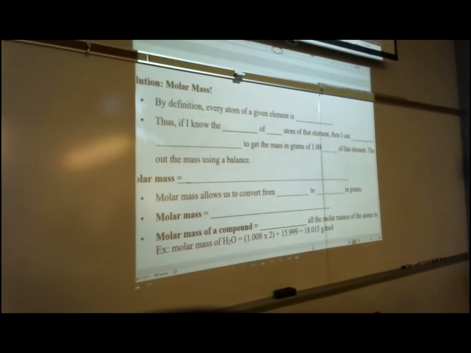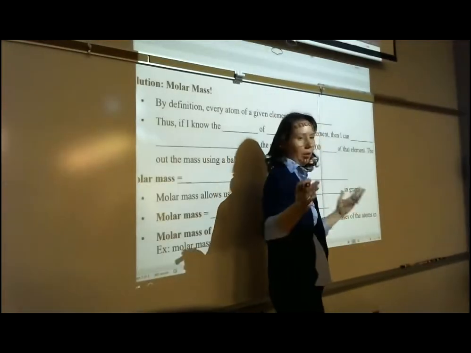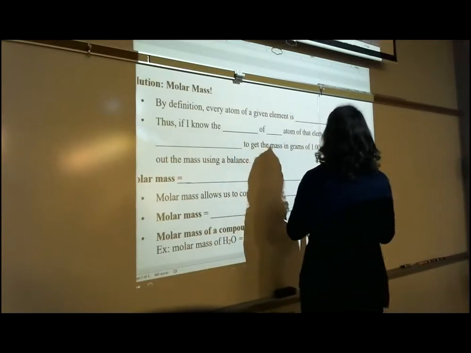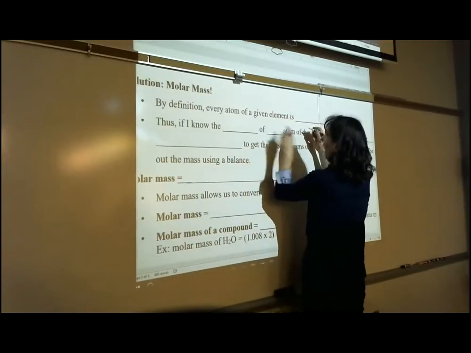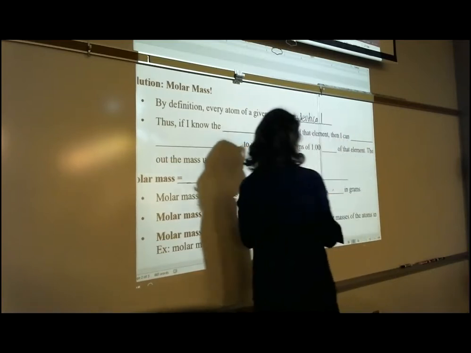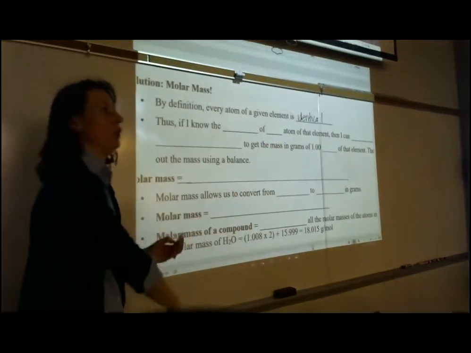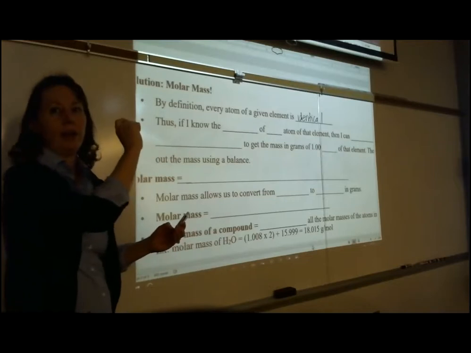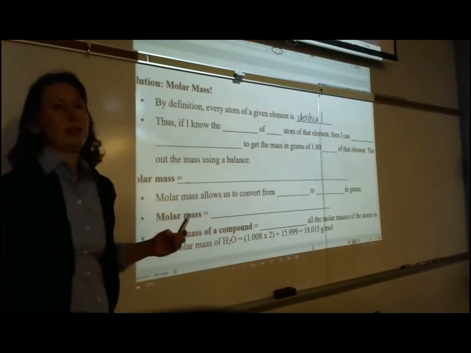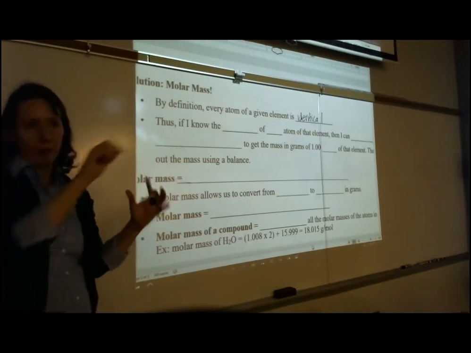So by definition, every atom of any element, gold, argon, strontium, whatever element you pick, every atom of a given element is identical. So if I take a sample of gold from here, and then I go to California, take a sample of gold from there, and then go to Mexico and take a sample of gold there, no matter where I go, every atom of gold is going to be the same.